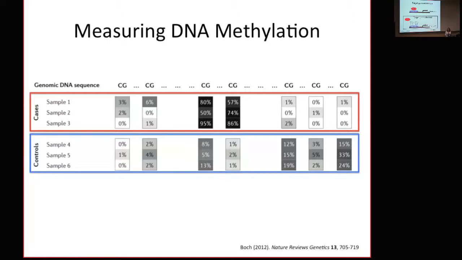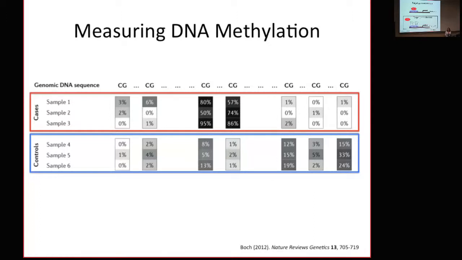Within each sample, we measure the proportion of cells that are methylated at a specific CpG site. So at one CpG site, we measure on average what is the proportion of cells that are methylated at that one site. So this is a quantitative measure ranging from 0 to 1.